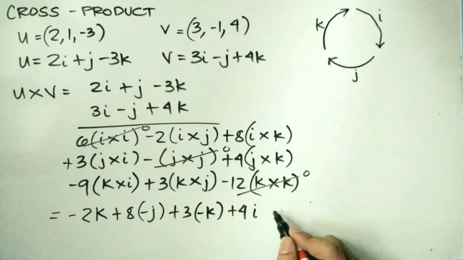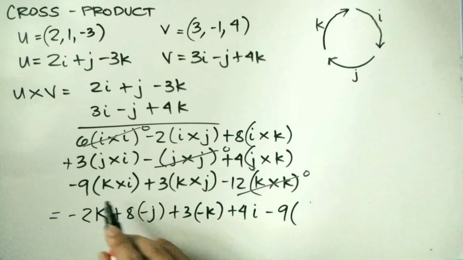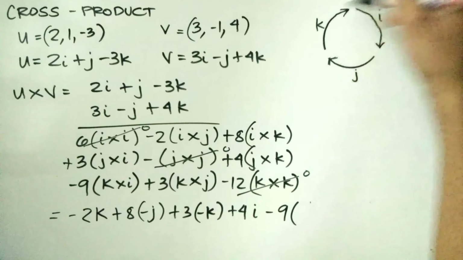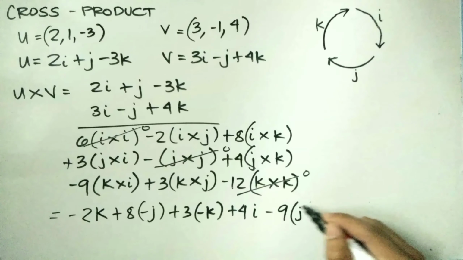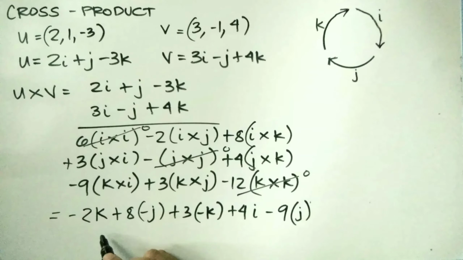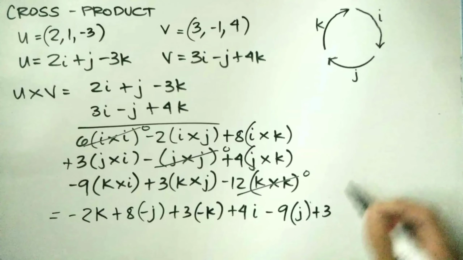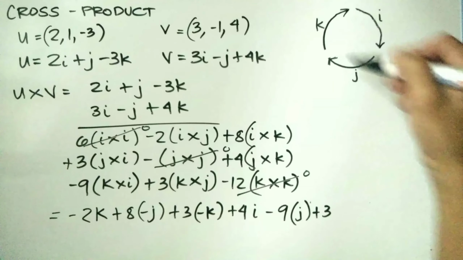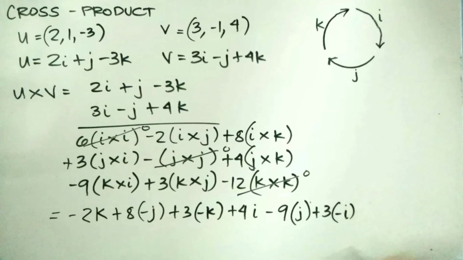Next, negative 9 k cross i also follows the direction of the arrow, so that would be j, plus 3 k cross j does not follow the direction, so that would be negative i.